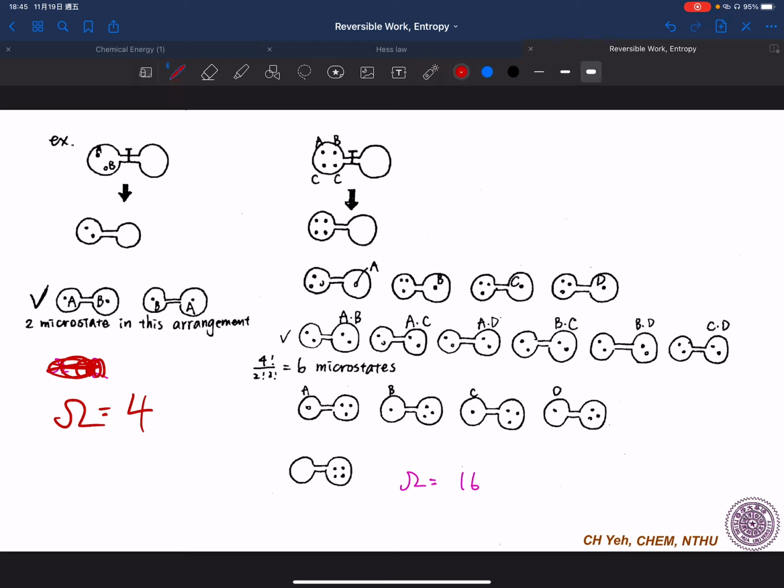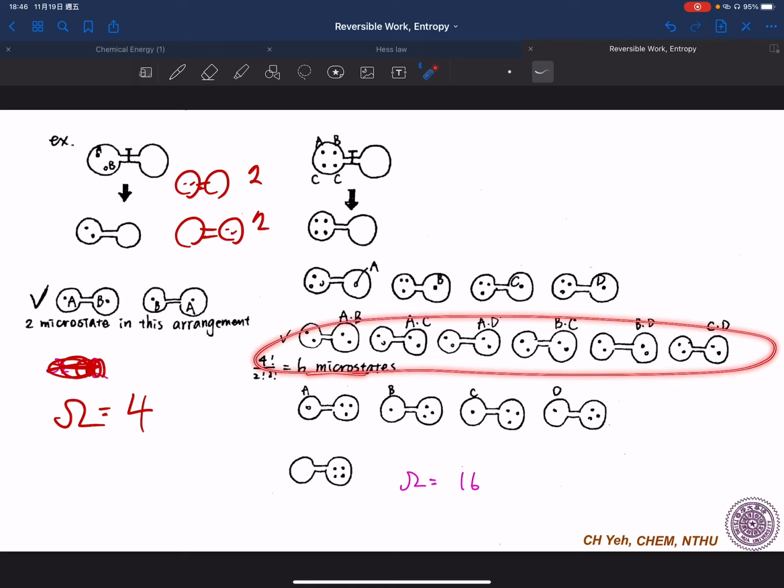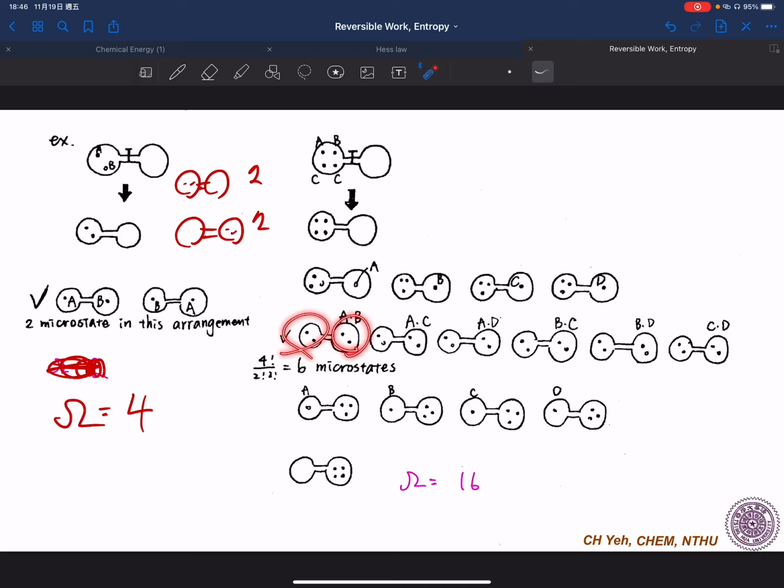All molecules over here or all molecules over here have only 1 state. But over here you have 6, and this is 4. This is 1, 4, 1. So we can see that in these scenarios, it will tend to be an equal amount in the 2 bulbs.